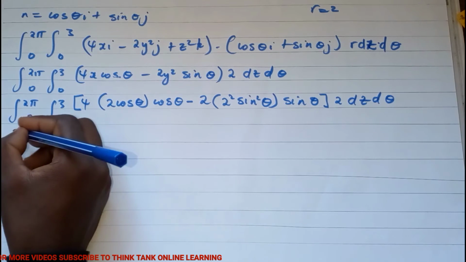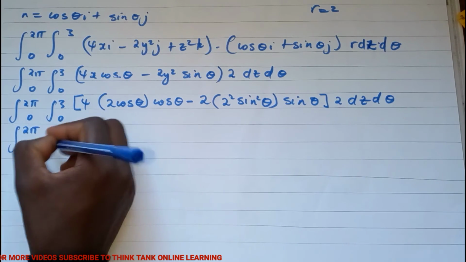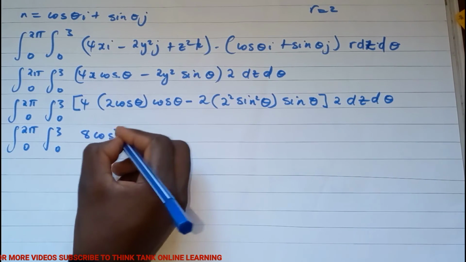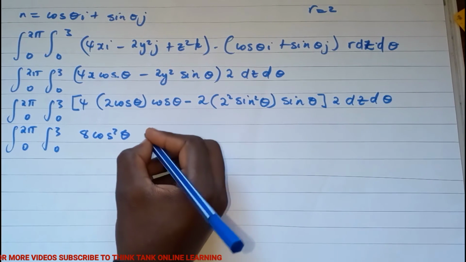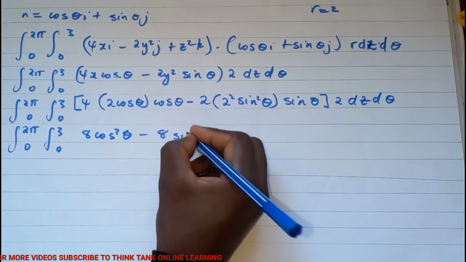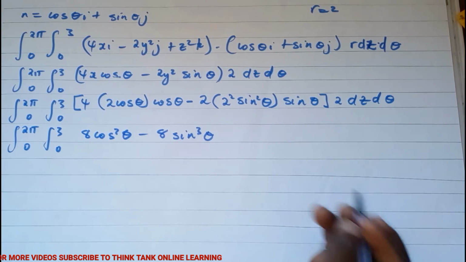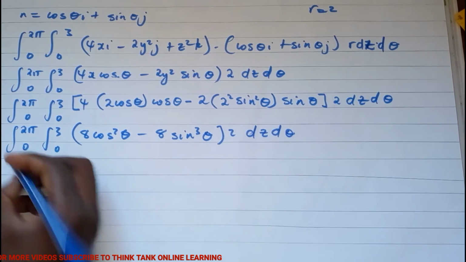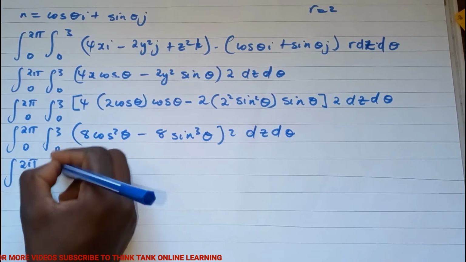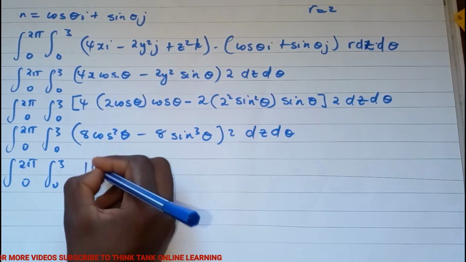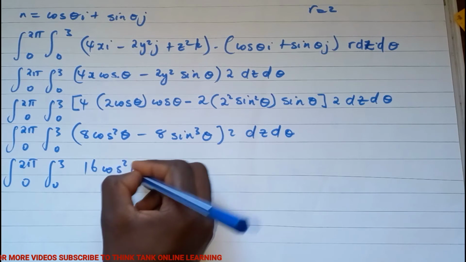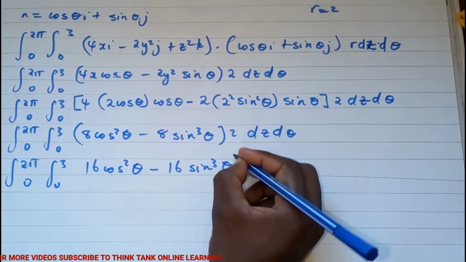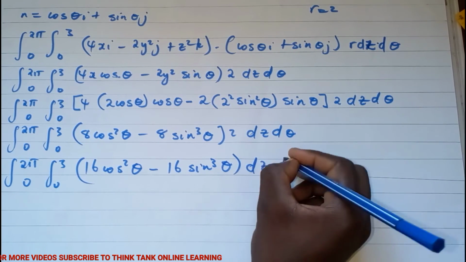dz d theta, from 0 to 2 pi, 0 to 3. Here we have 8 cos squared theta minus 8 sine cubed theta, and we multiply this by 2 dz d theta, so we get 16 cos squared theta minus 16 sine cubed theta dz d theta.